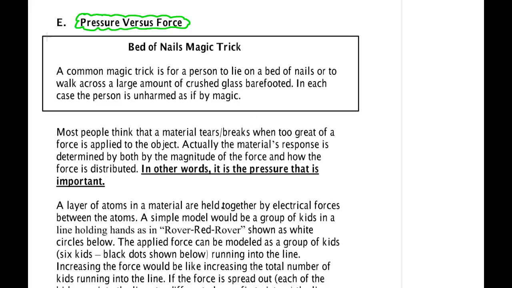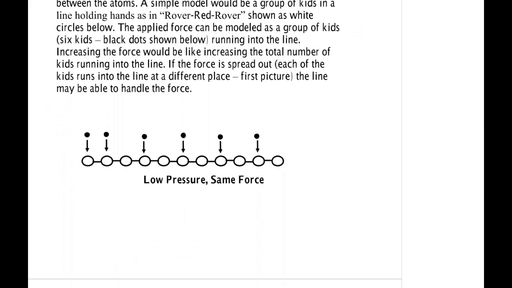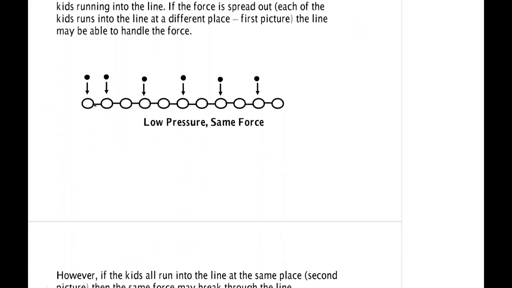So let's look at this kind of from an old game that people used to play. They would line people up, grabbing hands, and people on another team would try to run through those arms and break through. And if they broke through, they got to capture the person. They called it Rover Red Rover. In the same way, when you push down on a bunch of atoms, the atoms are kind of held together.